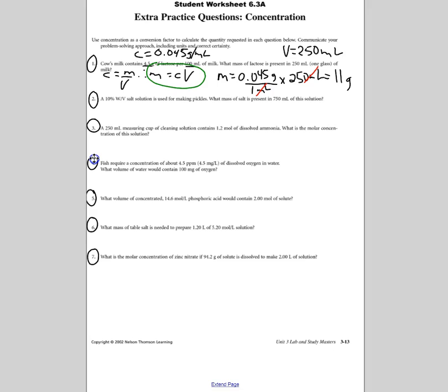Well, I think here in this case, the volume that we want would be found by just taking the mass that we're trying to obtain and dividing by concentration.